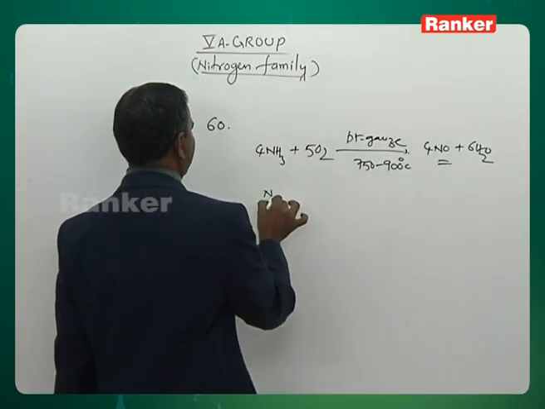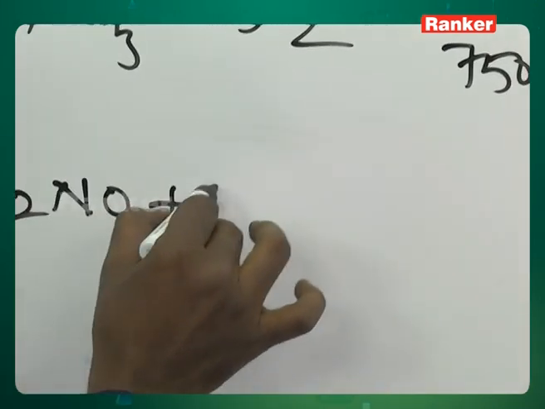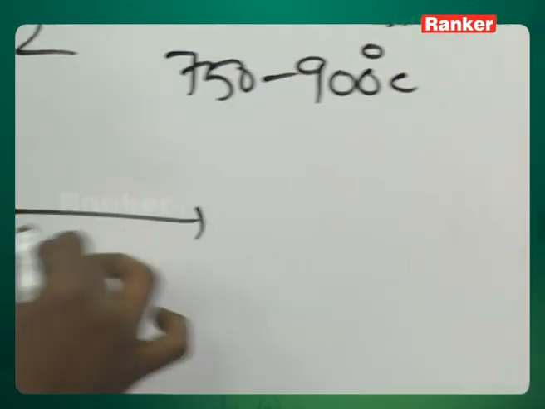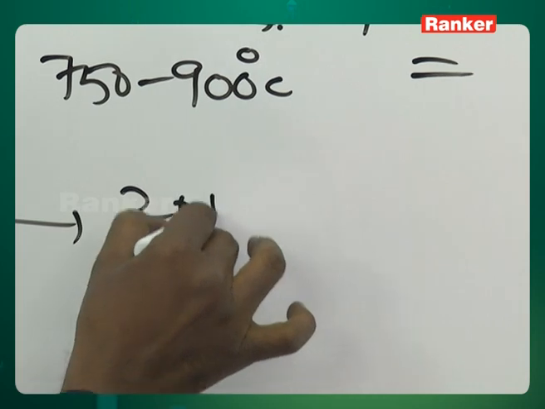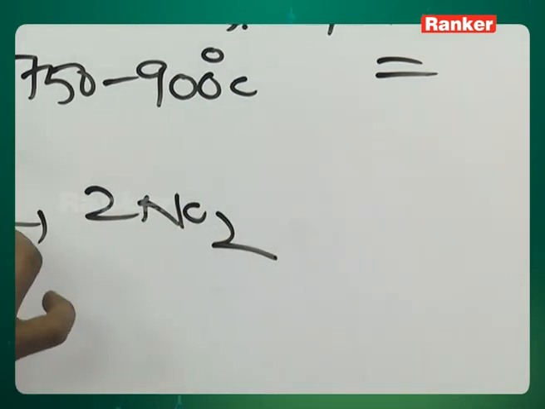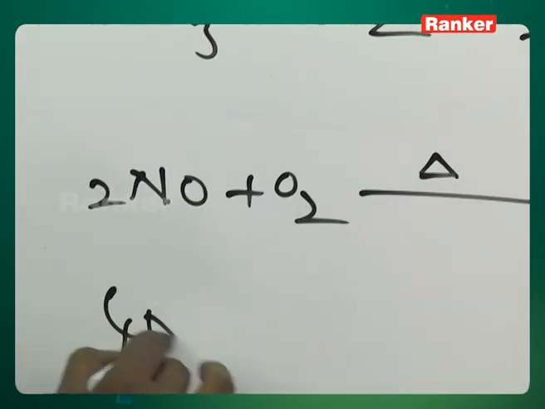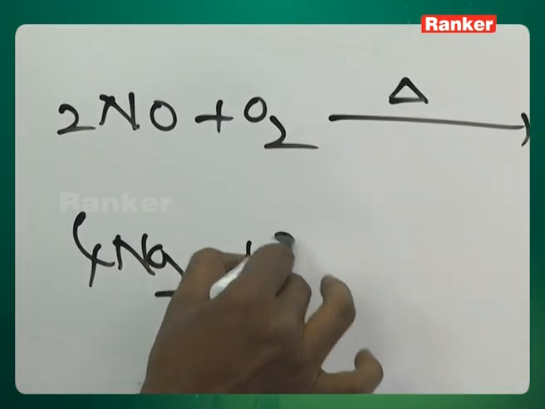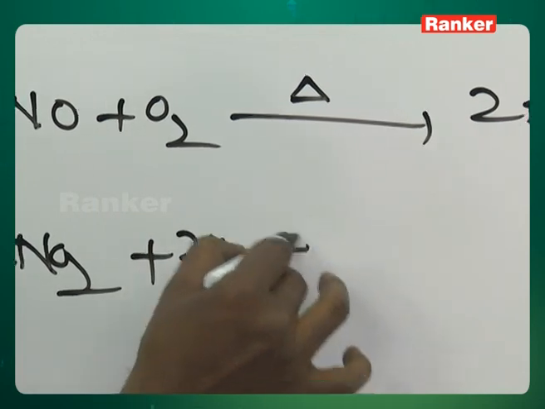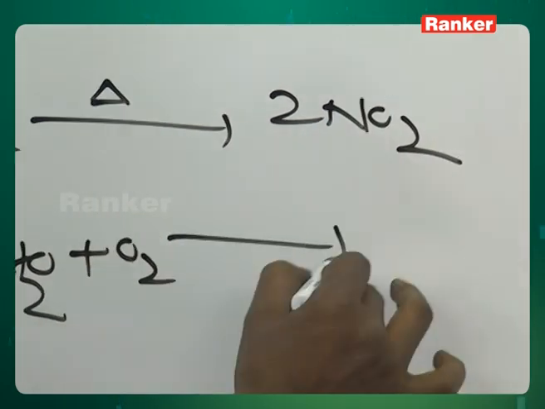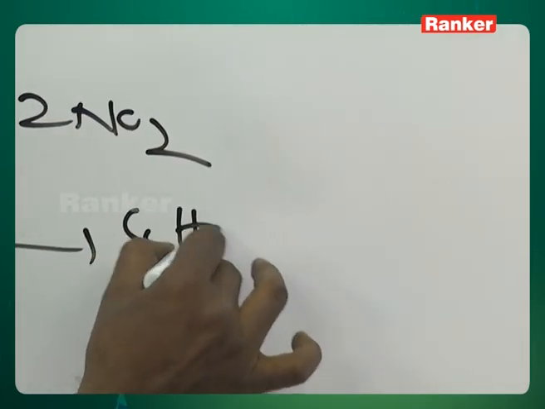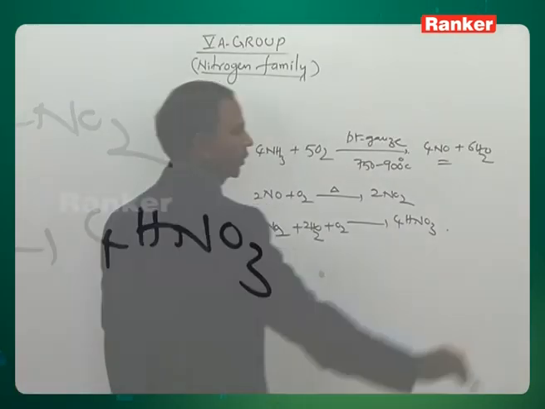This NO further undergoes oxidation, producing NO2 at room temperature. This particular 4NO2 with 2H2O plus oxygen gives 4HNO3.